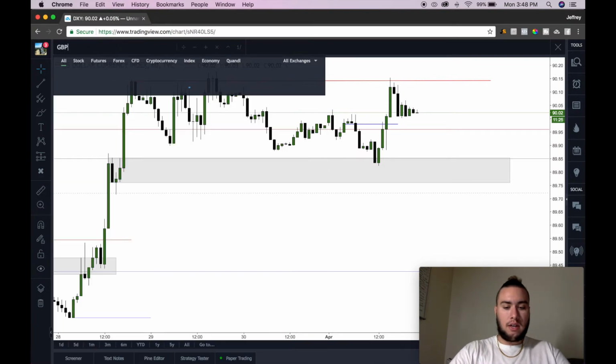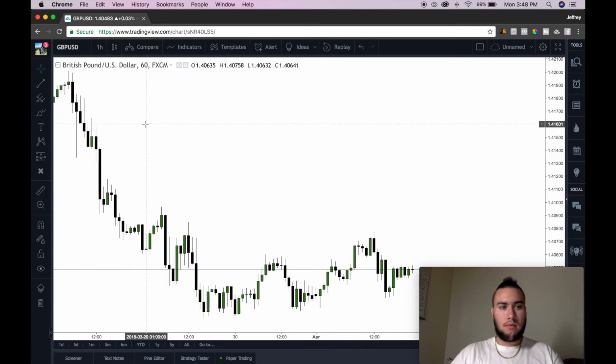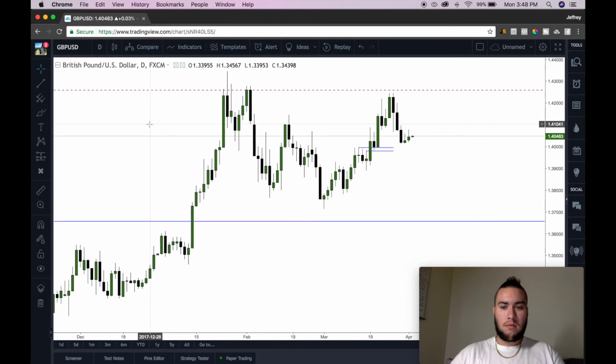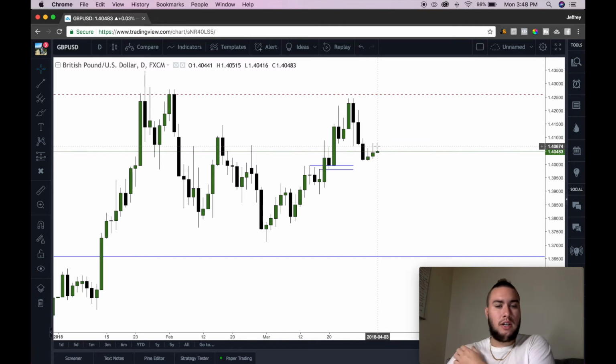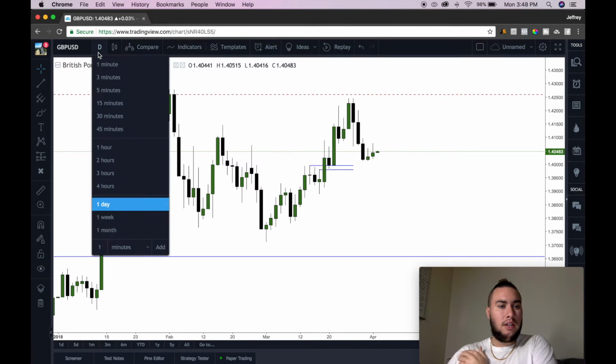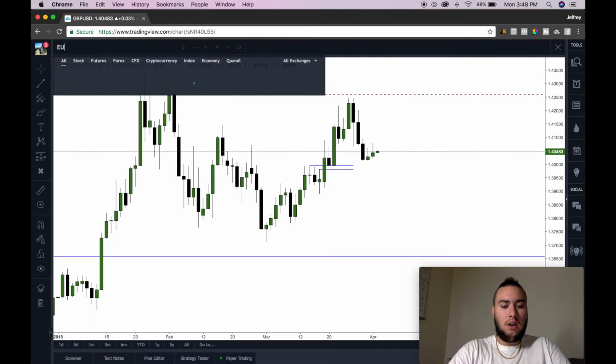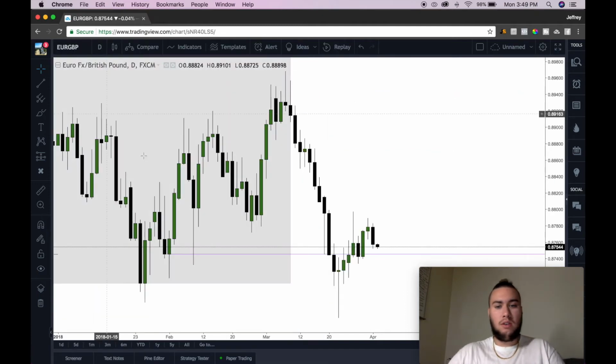So let's take a look at cable. And if we look at cable on a daily time frame, we're still holding this bullish order block here, and we look like we're forming a low. So we'll see if we get some bullish price action during London trading tonight, and we'll look to enter long either this or Euro USD. We just have to see what we get between the two.